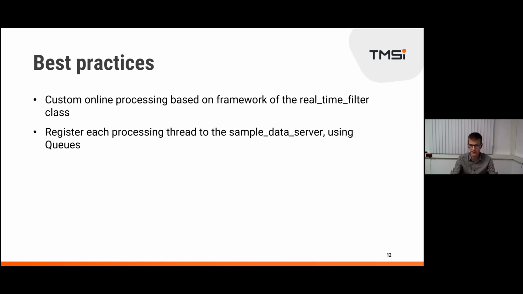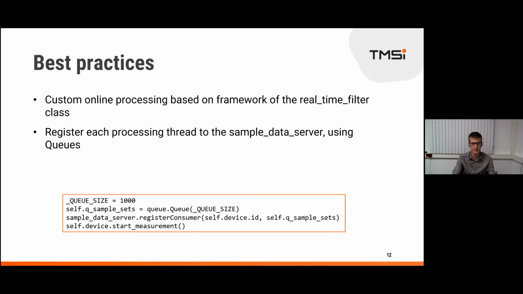Each processing thread that will consume data from the device needs to be registered to the sample data server, one of the framework classes which we have developed. You have to register each thread using the device ID and a queue object. A queue object is a built-in Python object that can be used relatively conveniently. So what you do is specify the queue size, which determines how many elements may be in the queue.